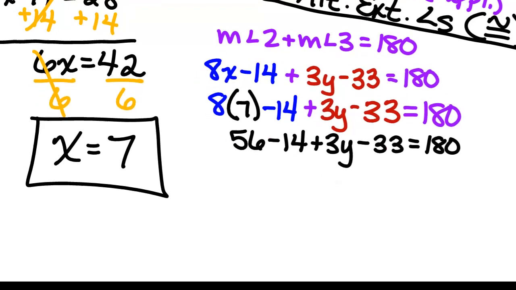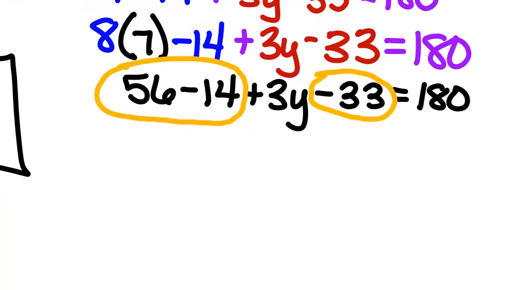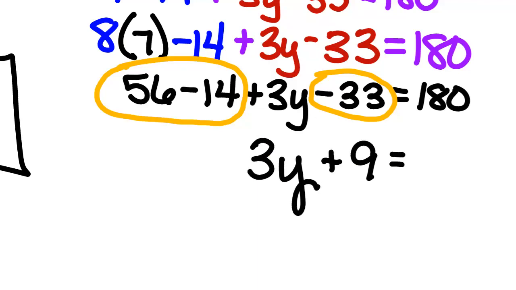Are there any like terms over on the left that I should combine together? Negative 33, negative 14, and that positive 56. What is 56 minus 14 minus 33? 9. So I have 3y plus 9 equals 180.